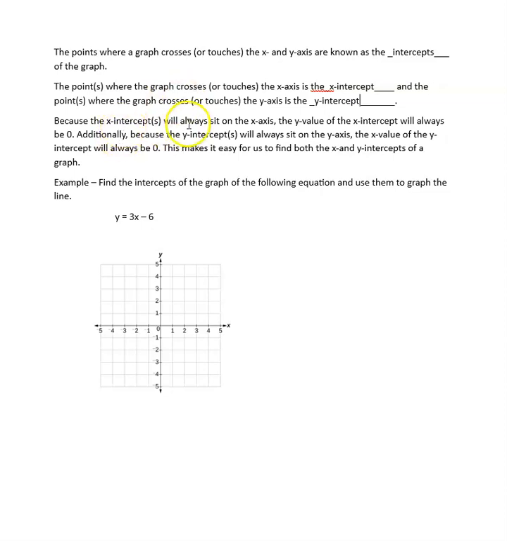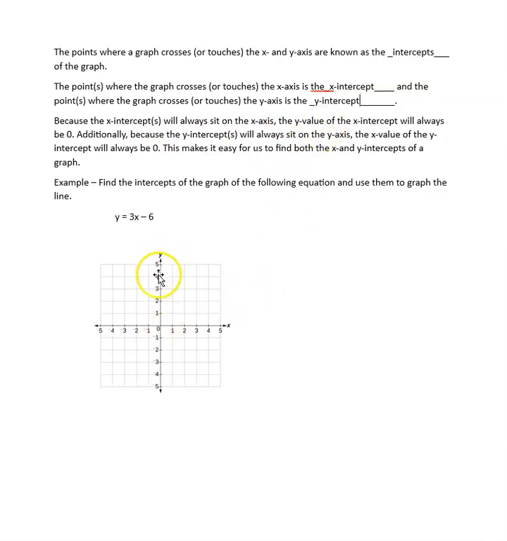Because the x-intercept always sits on the x-axis, if you think about looking at our rectangular coordinate system, here's the x-axis, and what is true about any point that's on this x-axis? Well, it has a y value of 0. So because the x-intercept always sits on the x-axis, the y value of the x-intercept will always be 0.